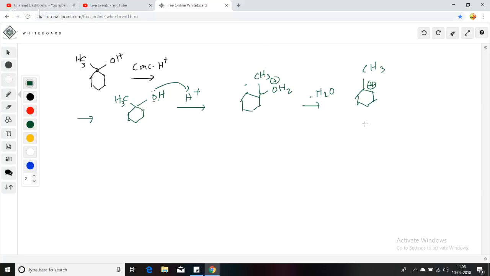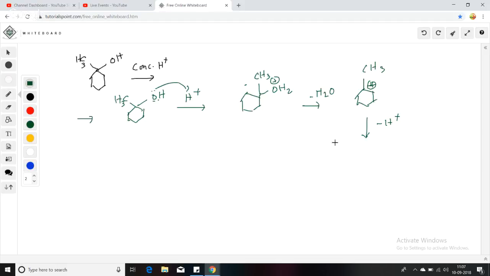Now the next step is that we have to take this H plus out. For this H plus to come out, we have two or three possibilities. This H plus may come out from these two carbon atoms or this carbon atom. When H plus comes out from this or this carbon atom, the product will be the same because both positions are equivalent. When this other hydrogen comes out, we have one more product.